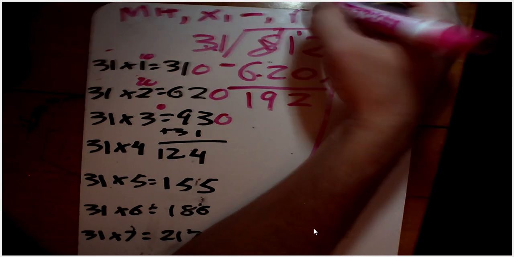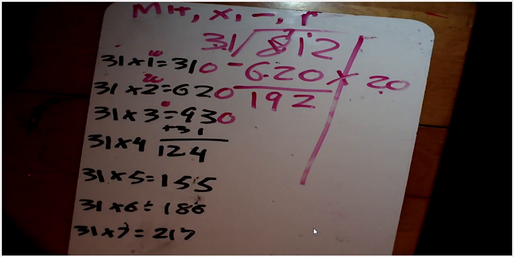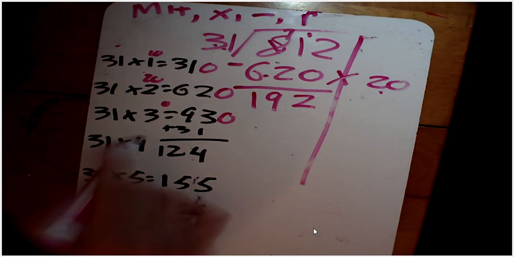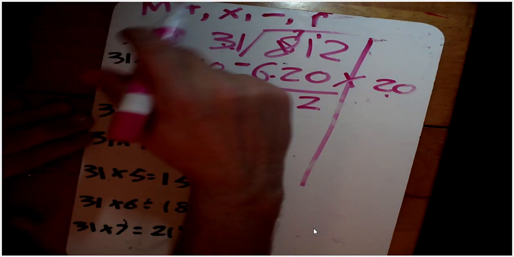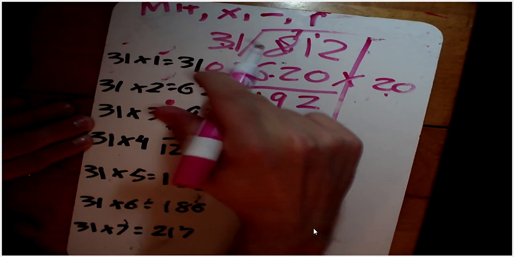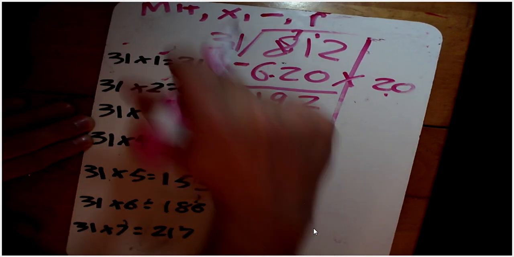We looked at multiples, we multiplied, we subtracted, now we're repeating. So my repetition would be looking at the multiples again. Which one of these would get me closest to 192? I don't think I can use any of my powers of 10 here because they're all over 192.